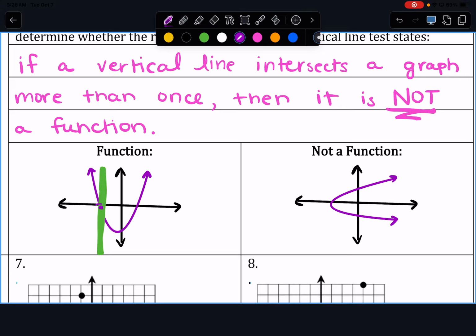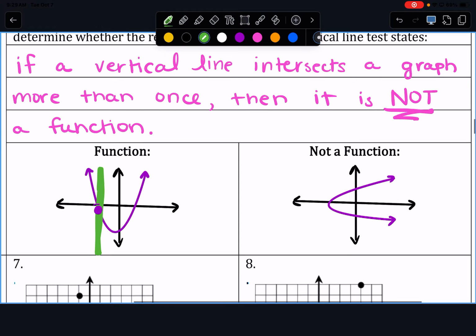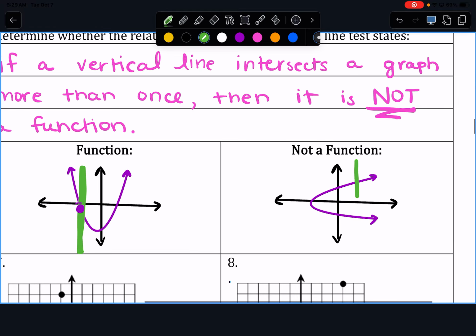One time, right there. So that makes it a function. Whereas over here, how many times does that line intersect the graph? Twice. So that makes it not a function. That means there are two inputs or x values, there's two of the same x values.